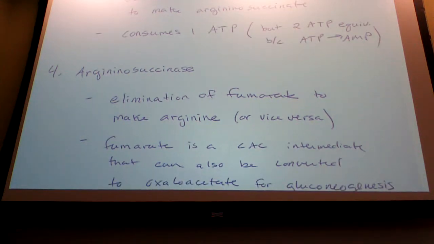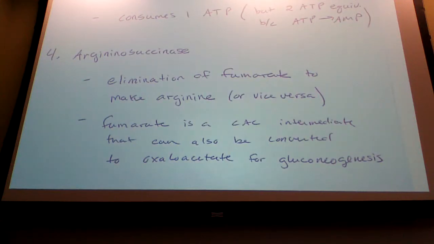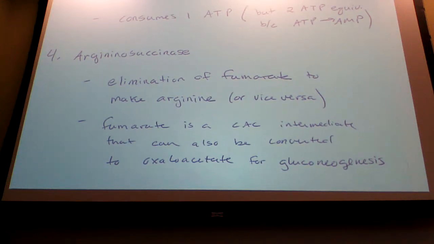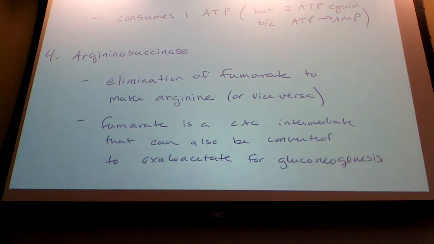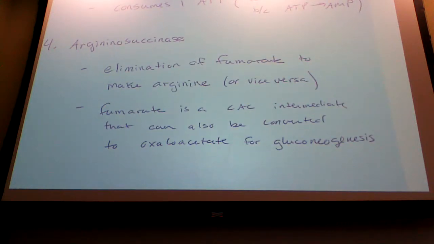So it's not wasted. We're trying to get rid of our ammonia waste product, and we had to consume another amino acid to do that. But the skeleton of an amino acid ends up going right back into the CAC, or gets used for gluconeogenesis.